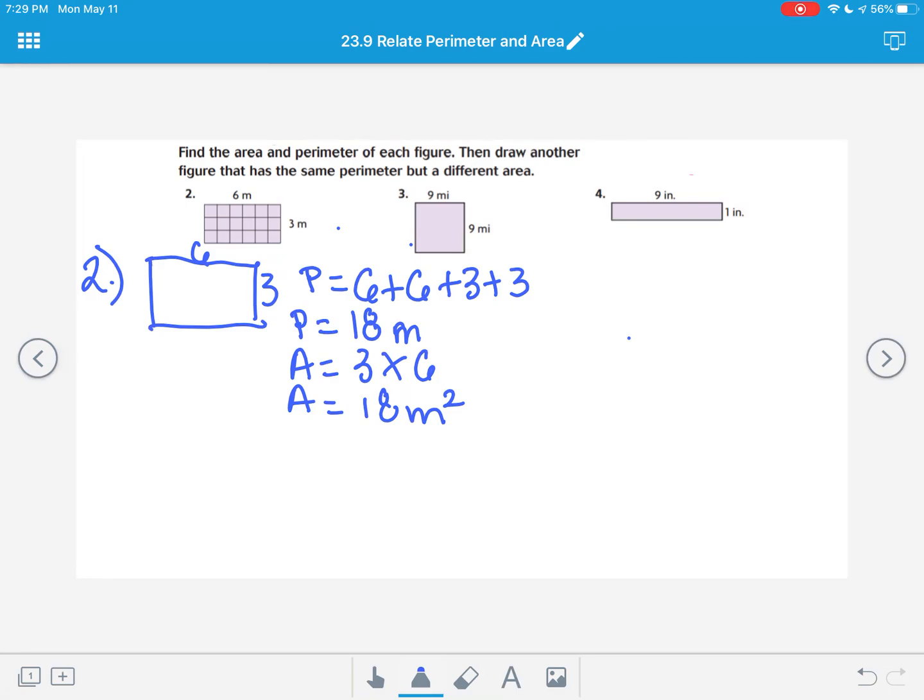So I'm going to try this out. I know other ways to make 18 is 9 and 2, but that will be too big. So what if I do instead, I'm going to make one of my sides 4.